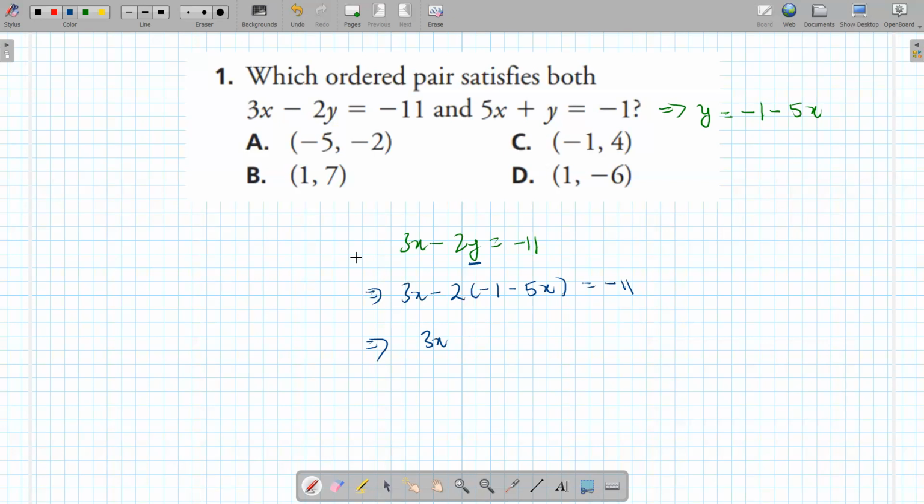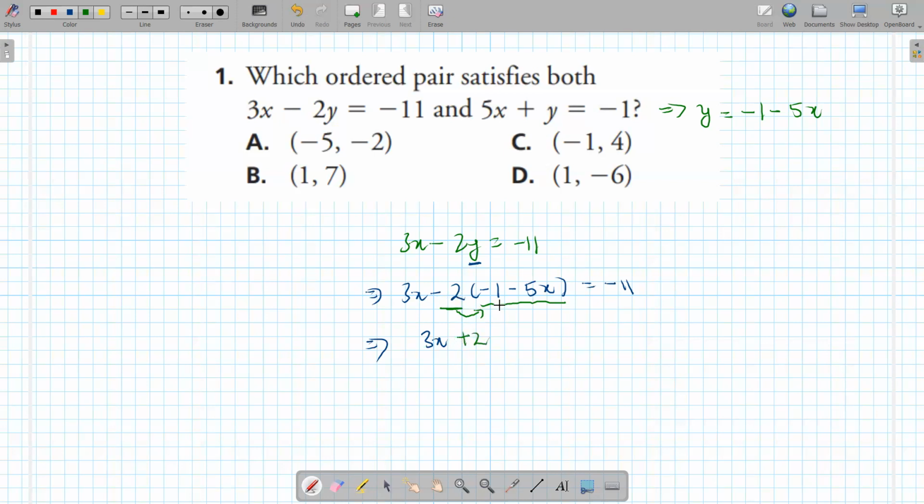Good try, but nope. What we're doing is we're multiplying -2. When we're opening the brackets, we're multiplying -2 with this bracket. So the first term, 3x, is outside of the negative sign. So the first one will be -2 times -1, which is +2.